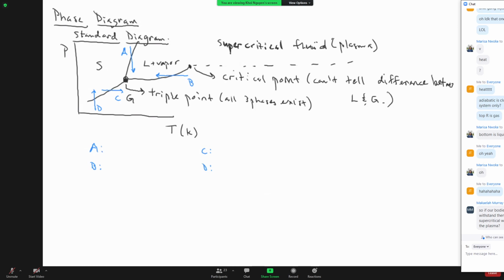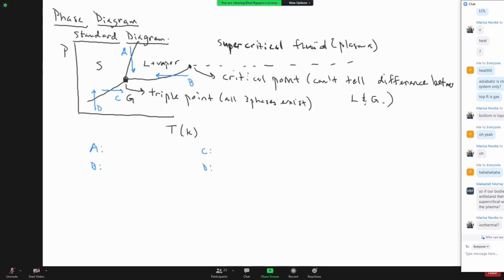Keep in mind all those blue lines are horizontal or vertical. Think of all those processes that we just went over. Thermal chem processes. Yeah, right? What's not changing here? Temperature. So it's isothermal melting.